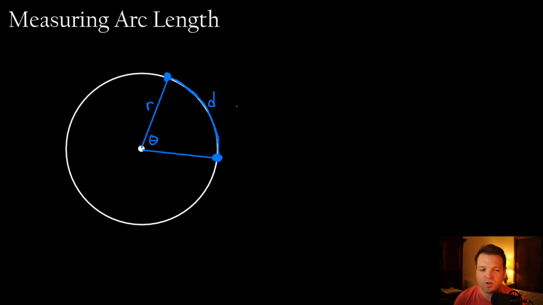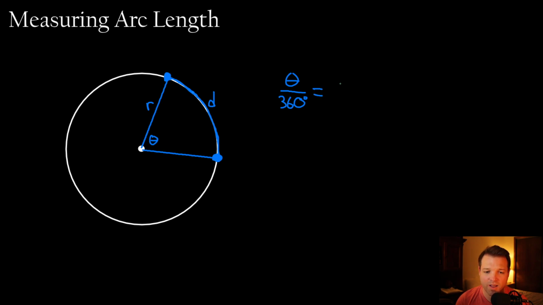All right, so the strategy we're going to use to do this is with proportions. And so the overall idea is if I know this angle, theta, then I can calculate at least what percentage that makes up of the whole circle in degrees. So it's going to be theta divided by 360 degrees because there's 360 degrees in a circle. So I can figure out the percentage of this segment.